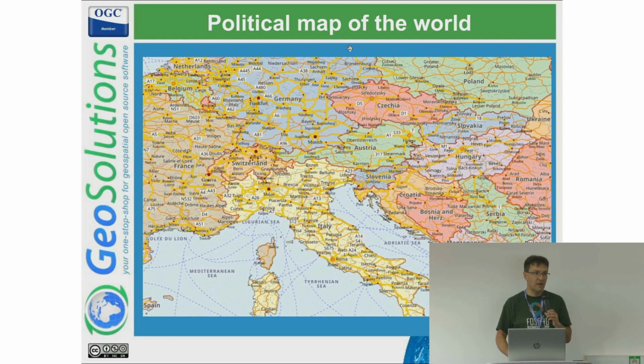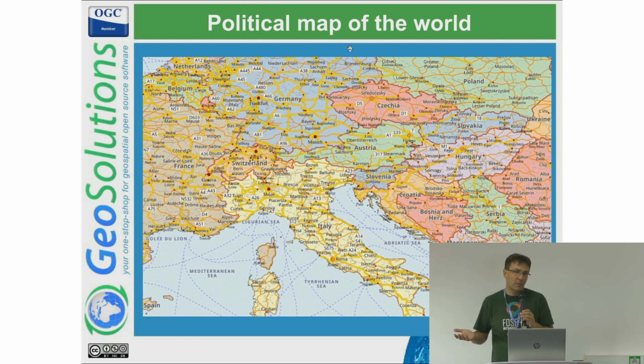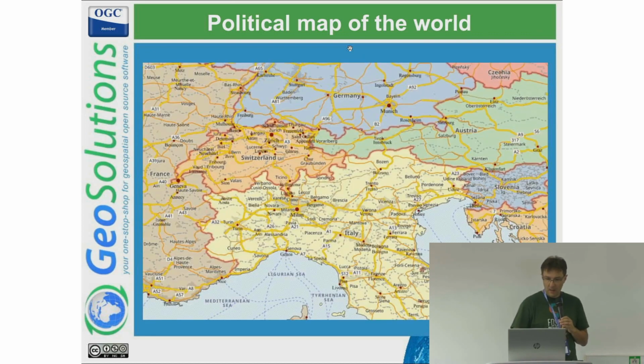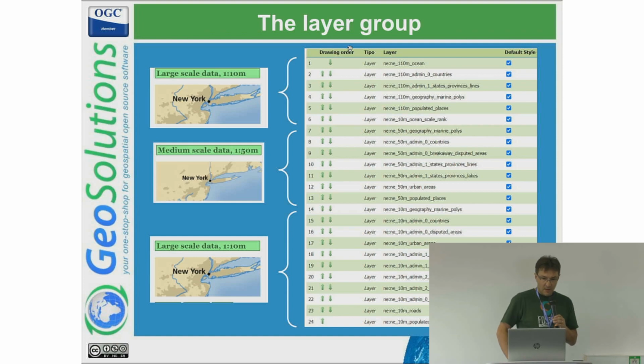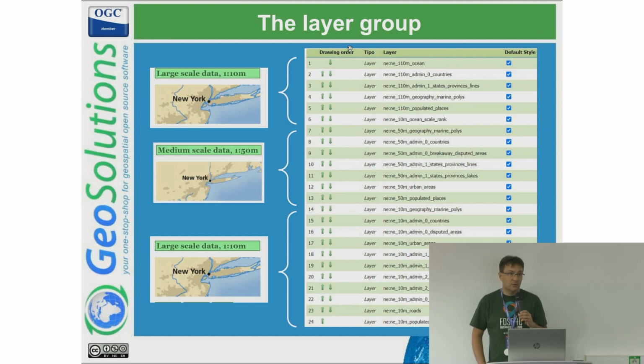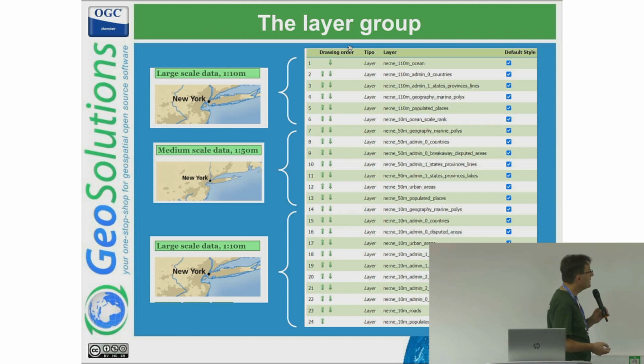So the amount of information included in a map goes up as I zoom in, which is, by the way, the norm. And this is yet another zoom level where I can appreciate more both the borders and the urban areas. Now, all of this is powered by a layer group that contains a stacking of all the various datasets available at 110 million, 50 million, and 10 million.